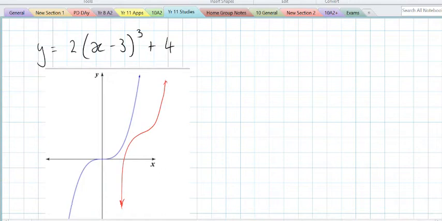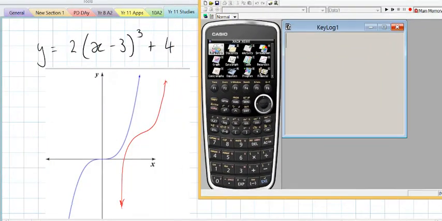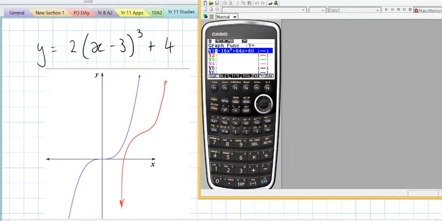The whole thing should be steeper. And if we're going to show that on the calculator, you guys can graph it as well while I'm doing it. X to the power of 3.